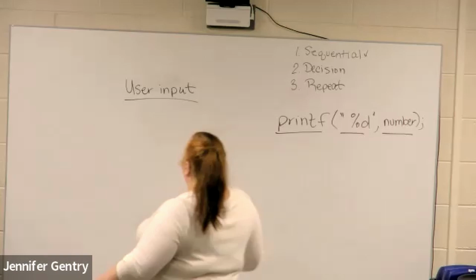So you put that 0.2 to tell it, I only want 2. So this is going to give me 5.33. Does that make sense when we're doing output? Okay. Questions about scan? We are going to use scan this week.